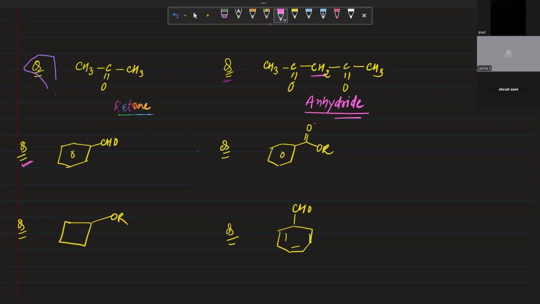Yeah. So I can also write here CHO, and there is one more way, that is C double bond O and H. That is an aldehyde. And as this aldehyde is on a benzene ring, this is also known as benzaldehyde. Okay. Benzaldehyde. Yeah.